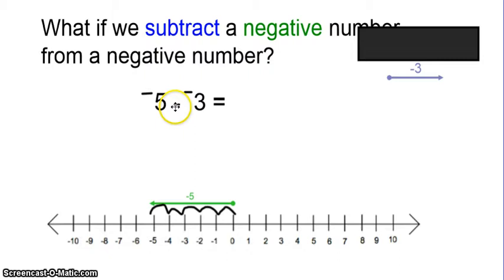But now when we have -5 units and we are subtracting, so we're taking away -3 units from the -5 that we have, we're actually going back in the opposite direction because we're taking away -3 units. So we're getting the number that is getting larger. So we're getting more positive. If we think about taking away -3 units from our -5, we're getting more positive. So we're going to work back towards 0. 1, 2, 3. So our answer will be -2.